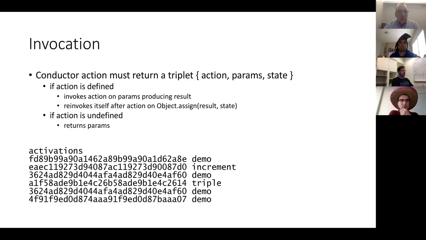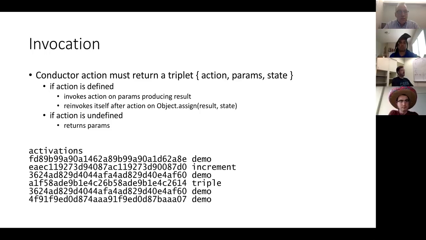Then, at the end of the execution of this dynamically decided action, the conductor action gets reinvoked by the controller. This time the parameters of the conductor action are a combination of the result of the action we invoked and the last element of the triplet, the state we specified last time.